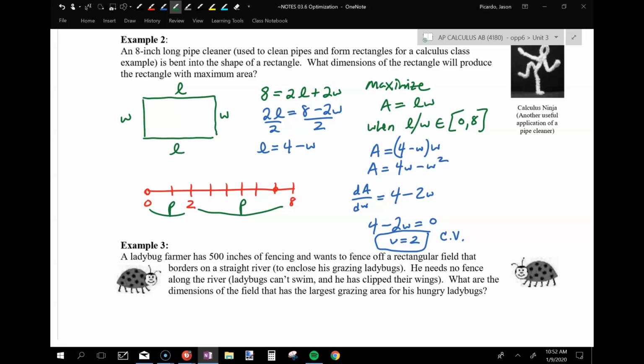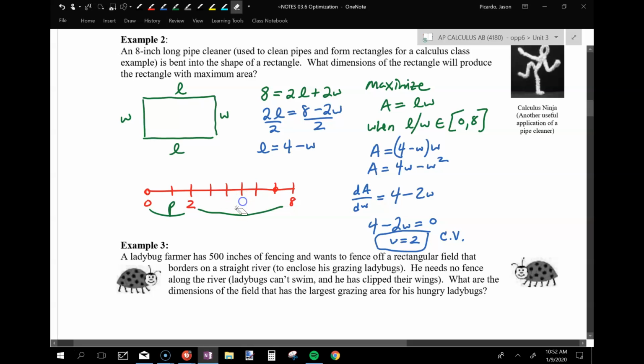Oh, I didn't plug it into the derivative, sorry. I'm looking at this, I'm like, hang on a minute. We have to make sure we plug into the derivative, this one. Plug in 1, we get a positive value, 4 minus 2. Plug in 3, we get 4 minus 6, which is negative. There we go. We have to make sure we plug into the derivative, not the original function. Don't make that mistake that I just made.